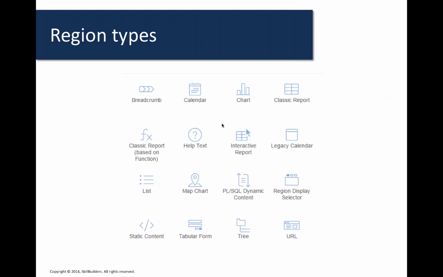There are calendar types and charts and classic reports based on a function, help texts, interactive reports, and we will cover those two today, classic reports and interactive reports. We can use the old style calendar. There are list regions, maps. You can use PL/SQL dynamic content.